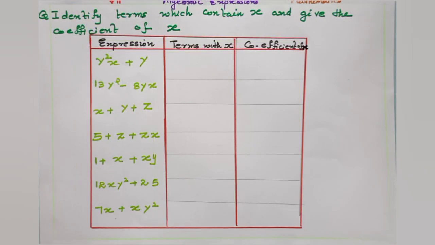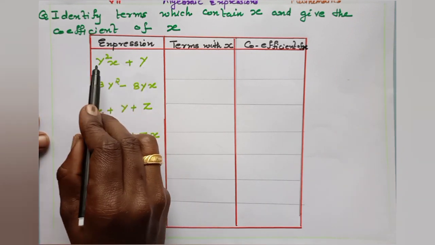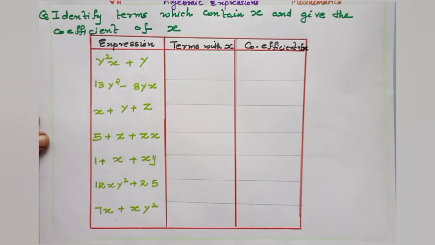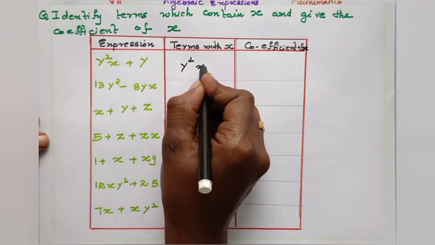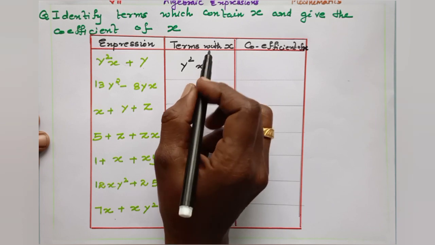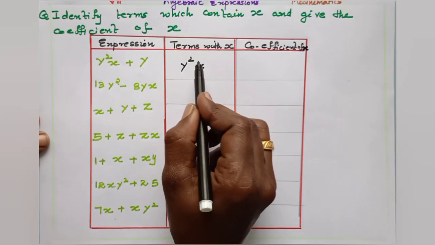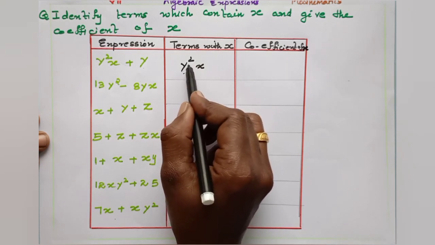Identify the terms which contain x and give the coefficient of x. First question, y square x plus y. The term containing x is y square x. Write the coefficient of x.